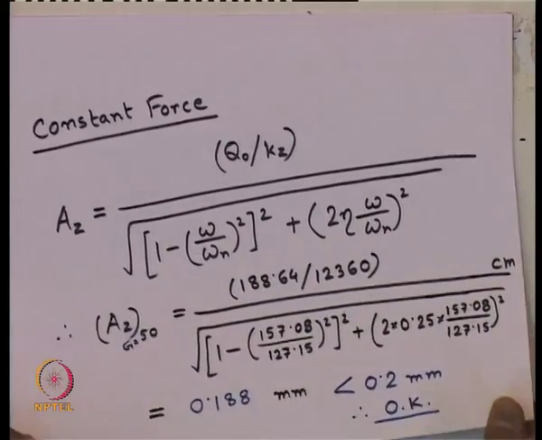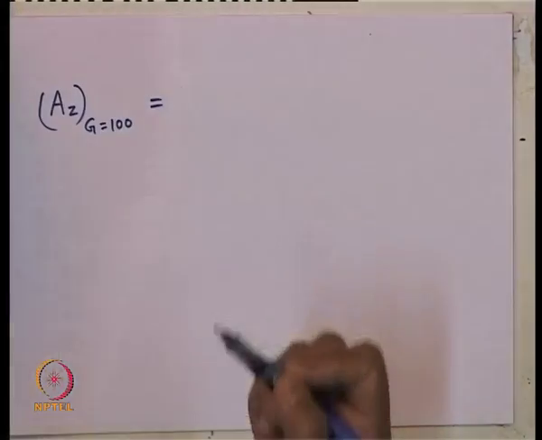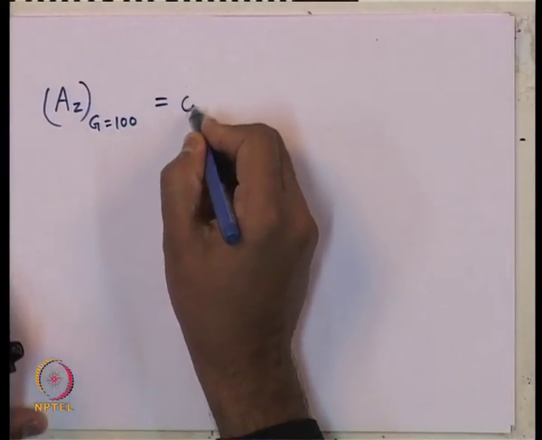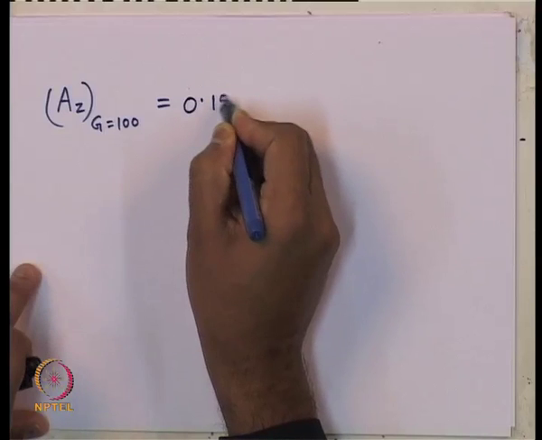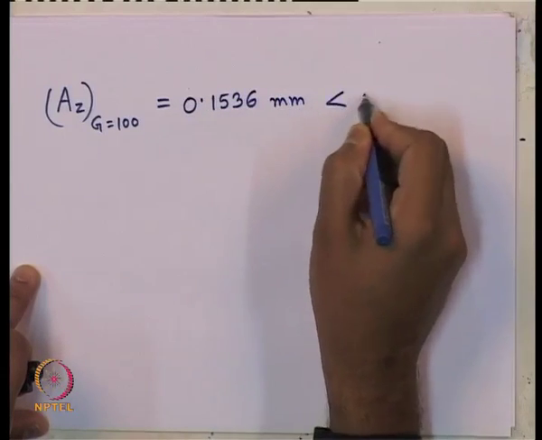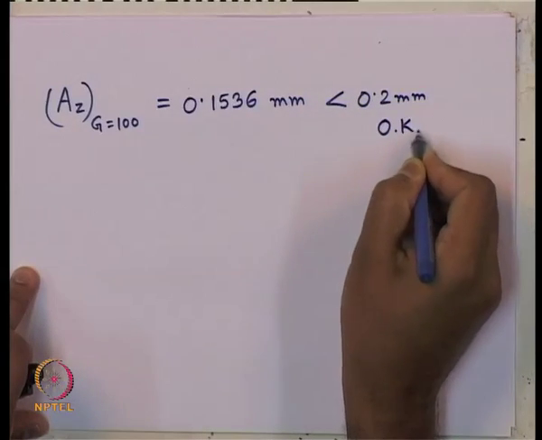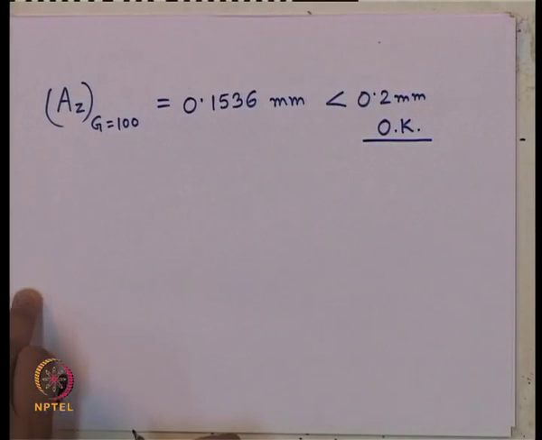With this we get Az as 0.1536 millimeter, which is again less than 0.2 mm. So, the provided size of the foundation is okay.